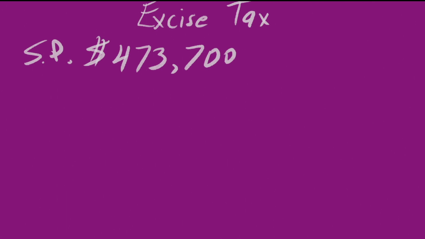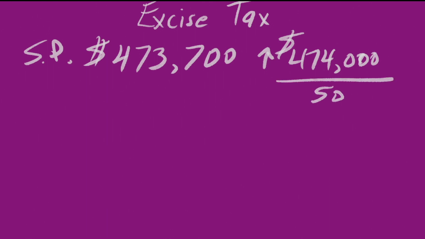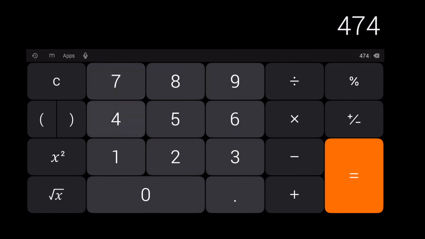So if we're going to use that second method we just learned about, where we round the sale price before the division, then we're going to round this $473,700 up to $474,000, because that's the next $500 increment. So now we take our 474, divide it by 500, $948.